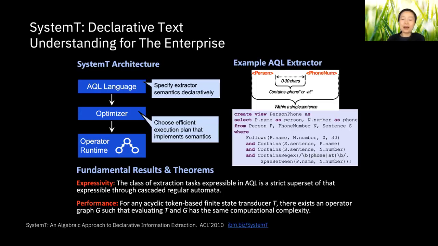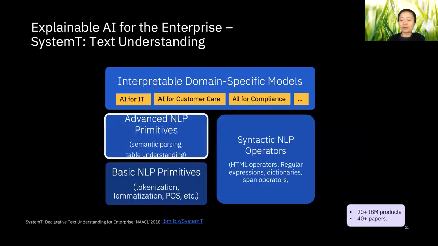This is a project that we have been working on for a number of years, but it doesn't mean we're working on the same thing. In the early stage of our project, we focused on the basic NLP primitives, syntactic NLP operators and so on. These are very powerful in supporting certain use cases.